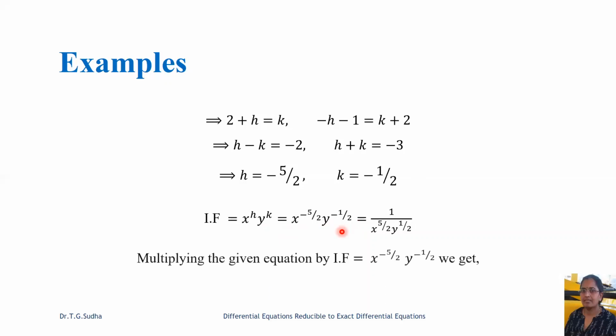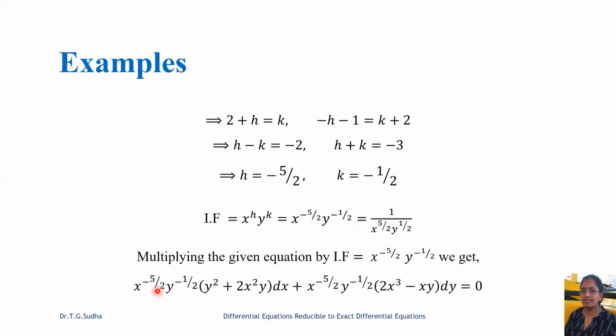We get x to the power of minus 5 by 2 into y to the power of minus half into (y square plus 2x square y) dx plus x to the power of minus 5 by 2 into y to the power of minus half into (2x cube minus xy) dy equal to 0.